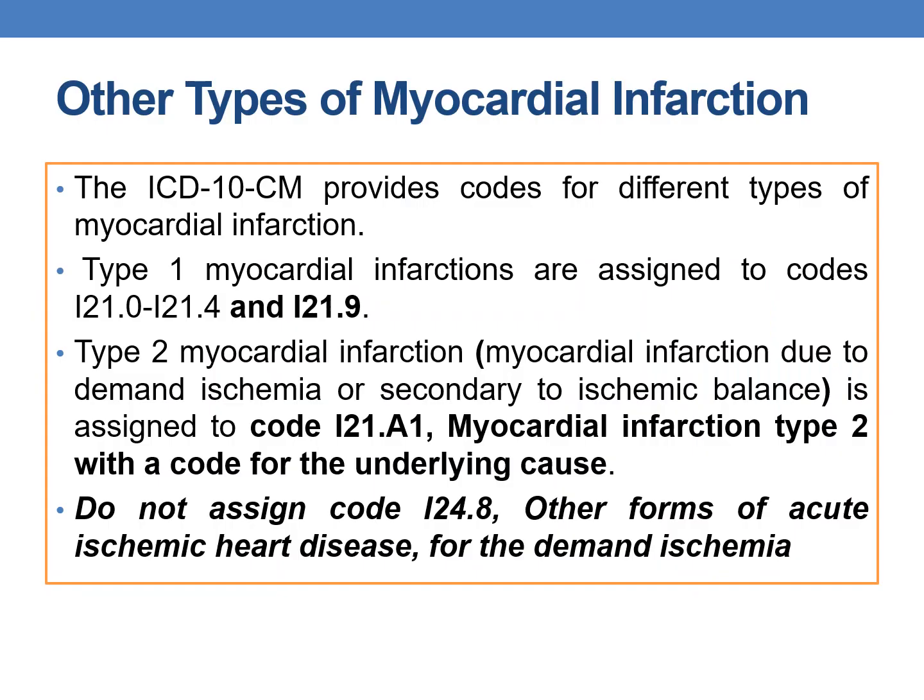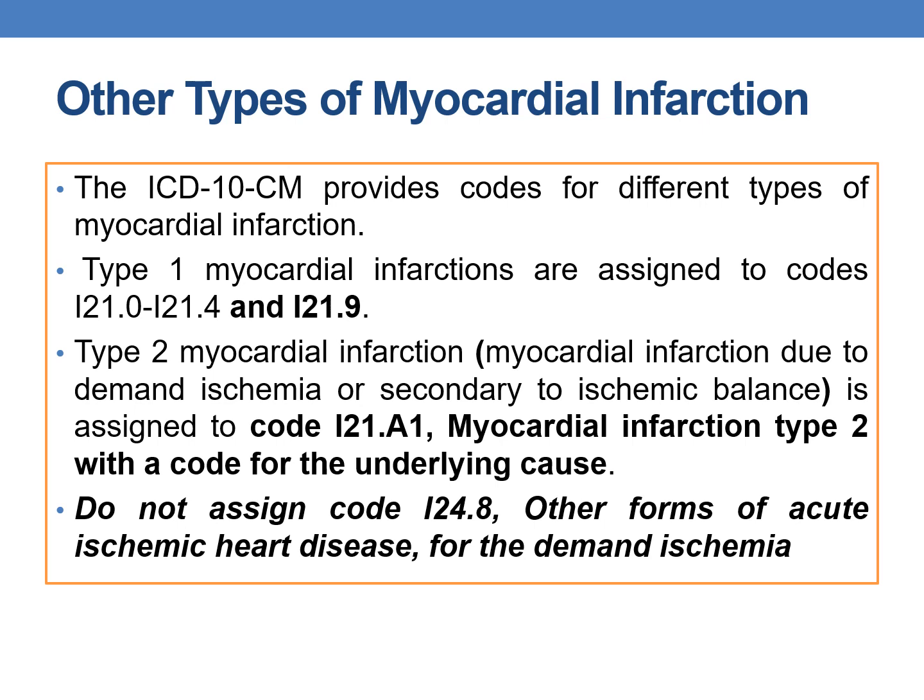Now coming to the next guideline, that is other types of myocardial infarction. The ICD-10-CM provides codes for different types of myocardial infarction. Type 1 myocardial infarctions are assigned to the codes from the categories I21.0 to I21.4 and I21.9. And type 2 myocardial infarction is myocardial infarction due to demand ischemia or secondary to ischemic imbalance.